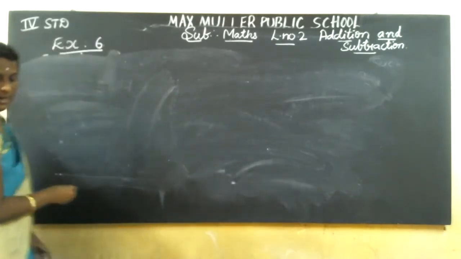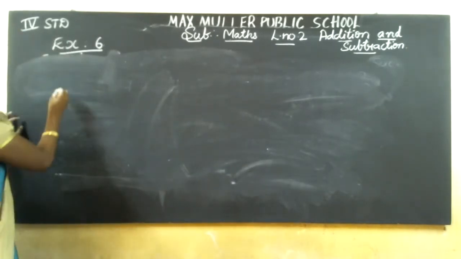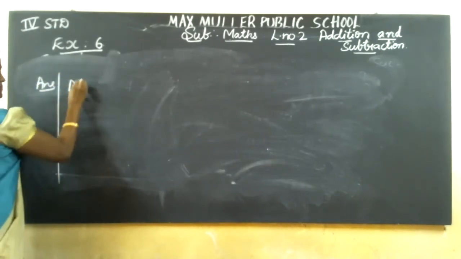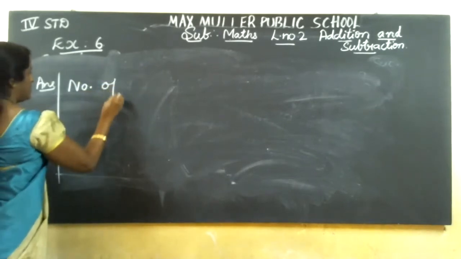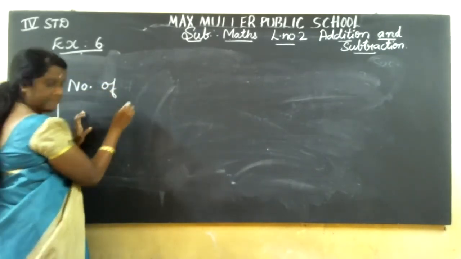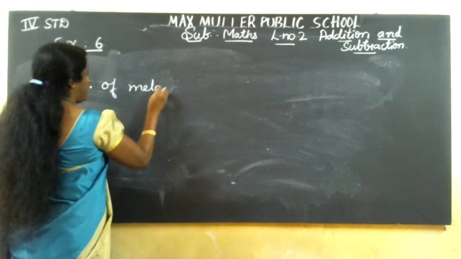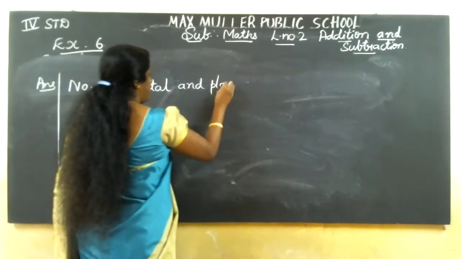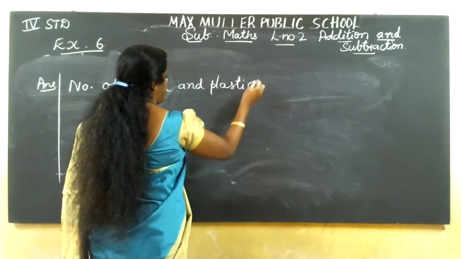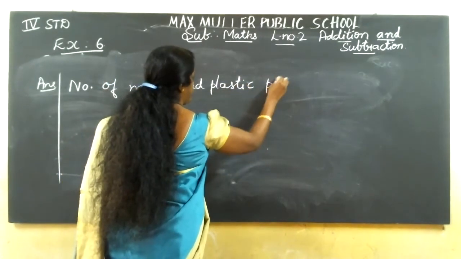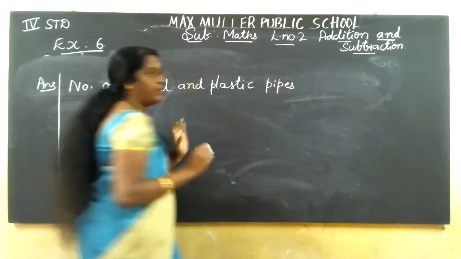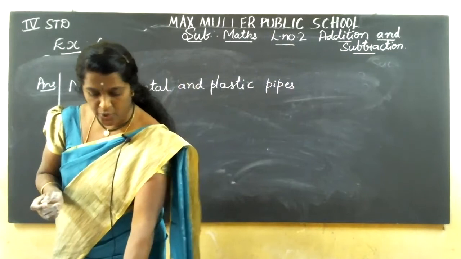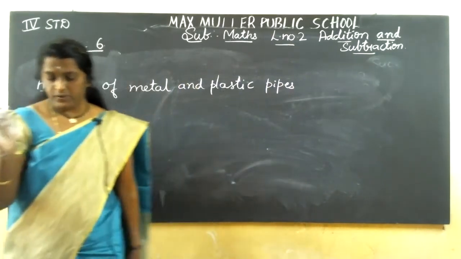Number of metal and plastic pipes the farmer has. See, total number of metal and plastic pipes. He built it with a total of how much? 4,271.